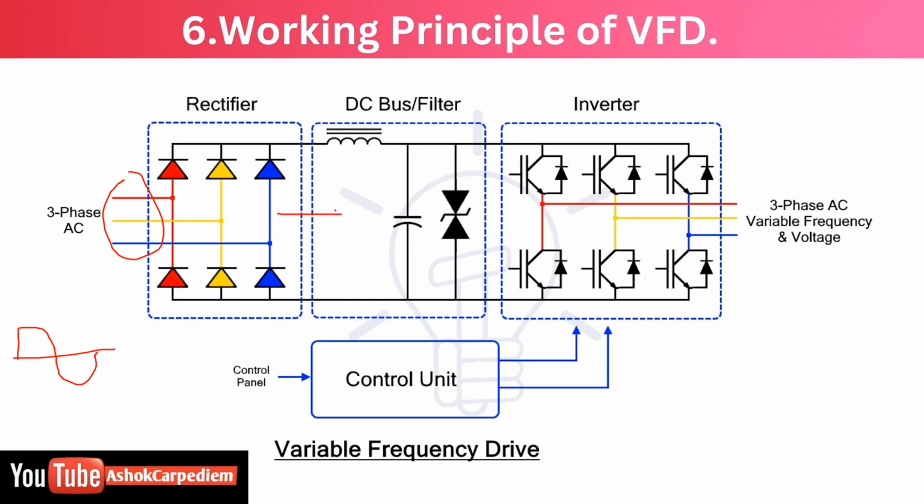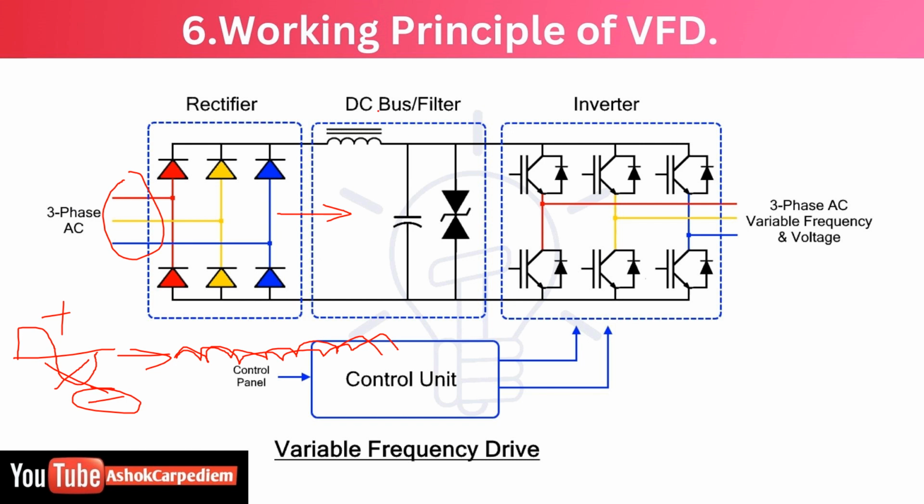But when it enters here, this sine wave is converted like this, meaning it will remove all the negative waves. This is the positive wave, this is the negative wave, right? It will remove all these negative waves and keep only the positive waves. Okay, this is the DC current which it converts.